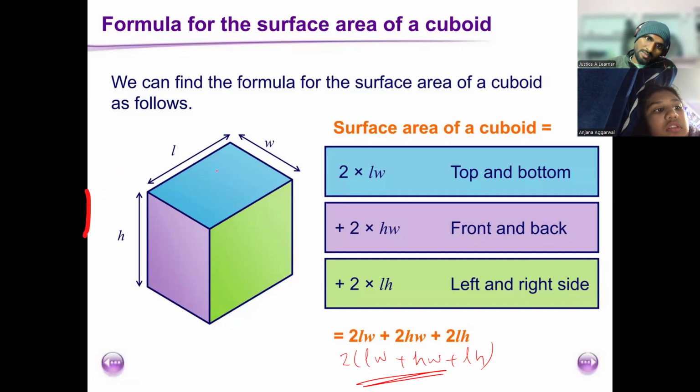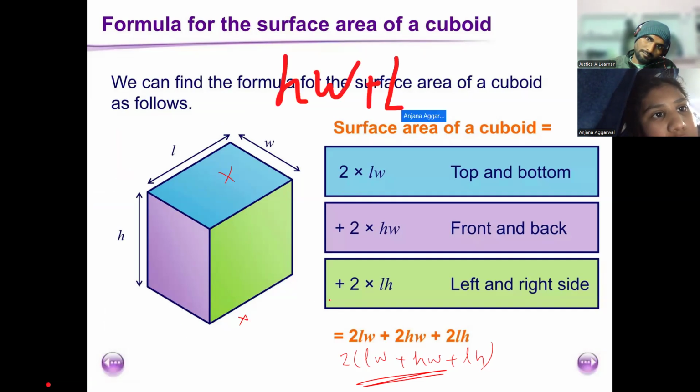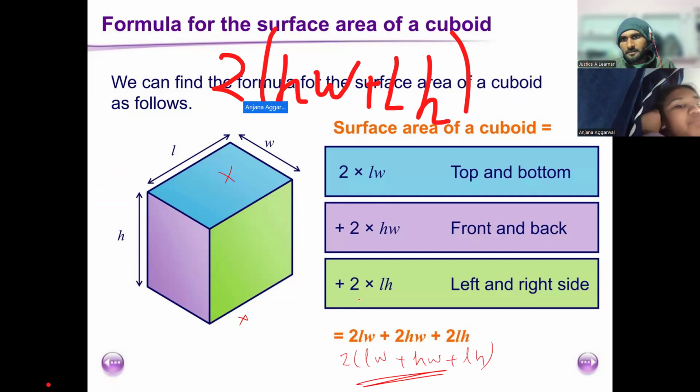Top and bottom should not be counted. So it's going to be 2 brackets H into W plus L into H, brackets closed. Good. Very good.